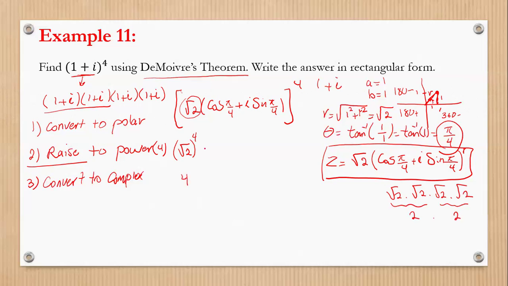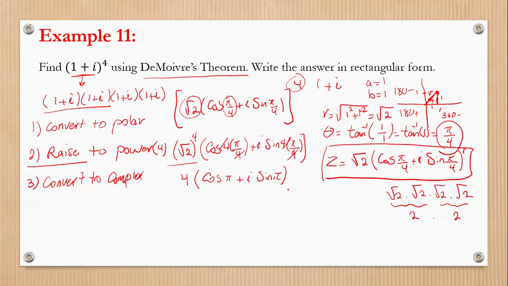And I also need to multiply the angles by 4. So 4 and 4 cancel each other. So we just have 4 times (cosine of pi plus i sine of pi). Now you have raised it to the power of 4 in polar form.